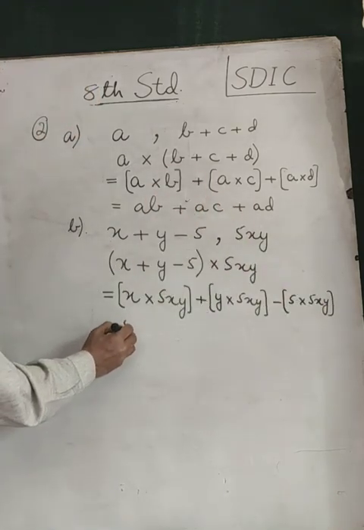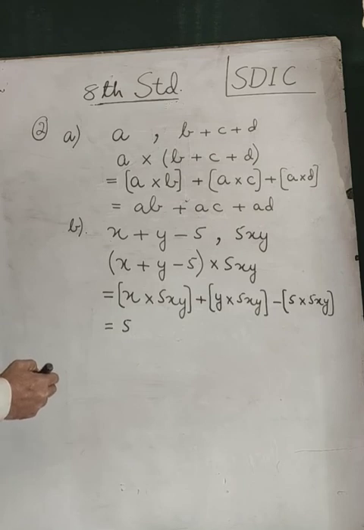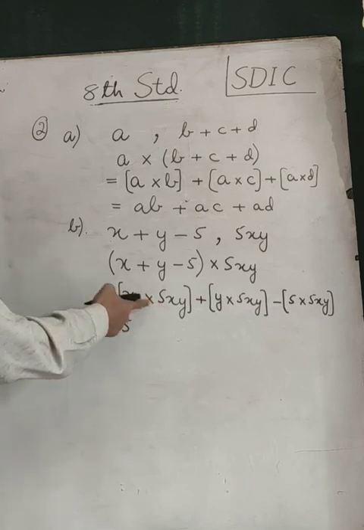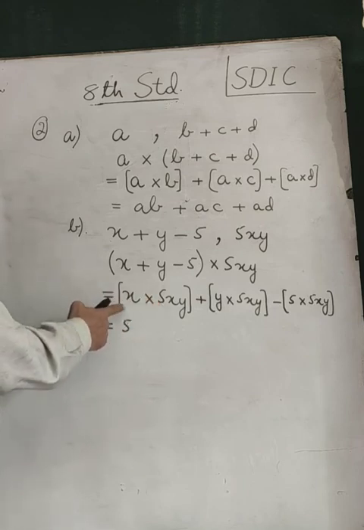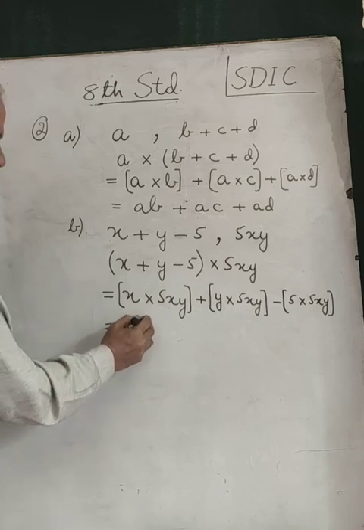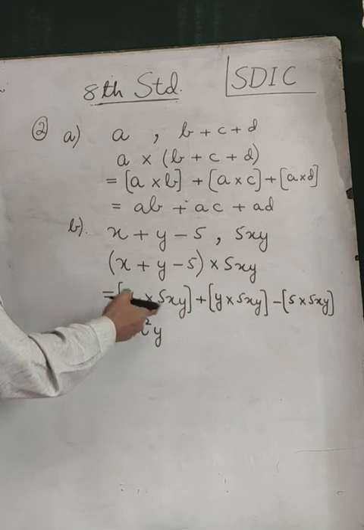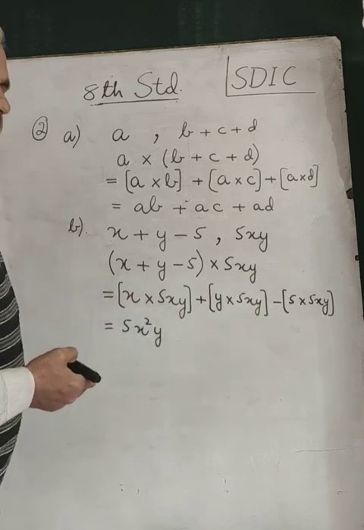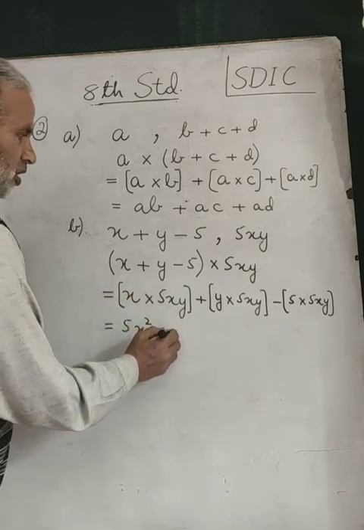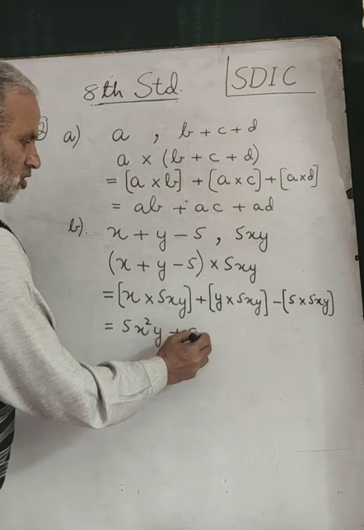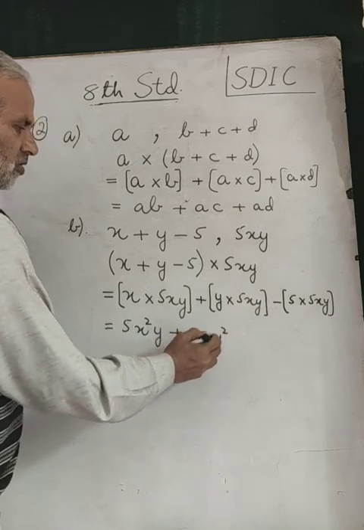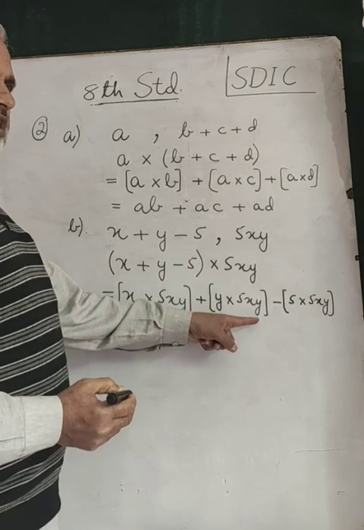Multiplying, we'll get 5. 1 is the coefficient. 5 is the coefficient. 5 ones are 5. Variable parts will multiply. X into x will become x square. Powers are added. Y will remain as y because y is not in the first monomial. So it will remain as y. Then plus. Likewise, it is 5xy square here. Powers of y are added this time.